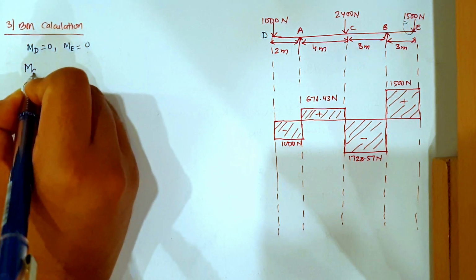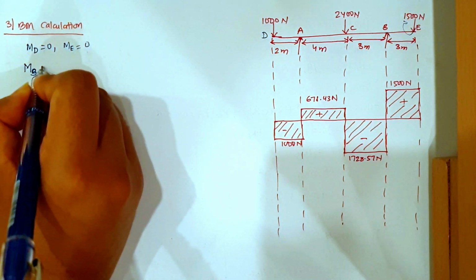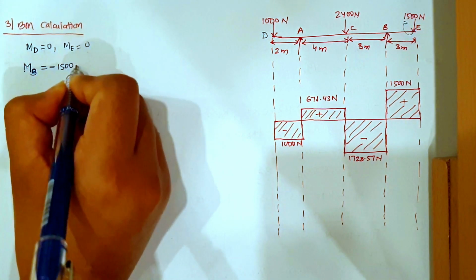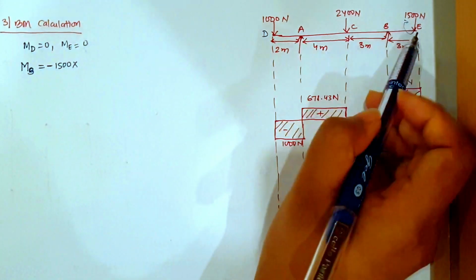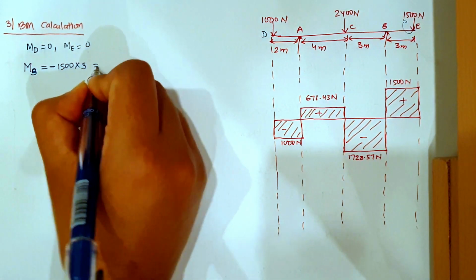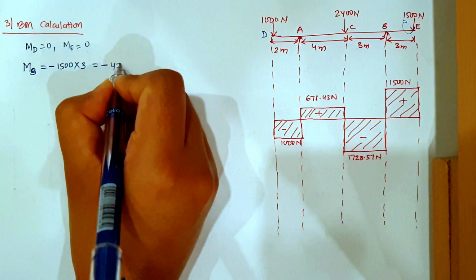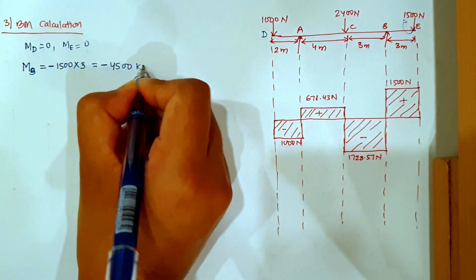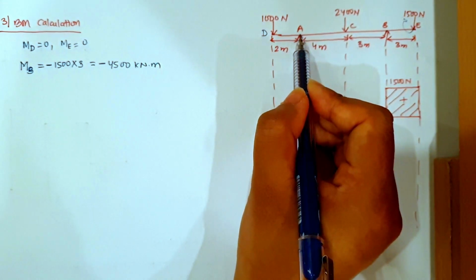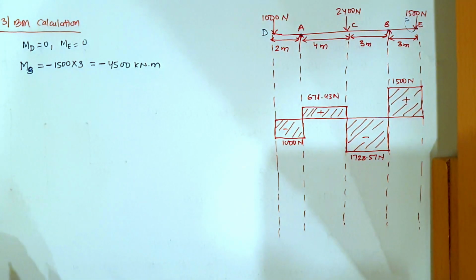So moment at B will be equal to minus 1500 into the distance from E to B, which is 3 meters, so this will give minus 4500 kilonewton meter.